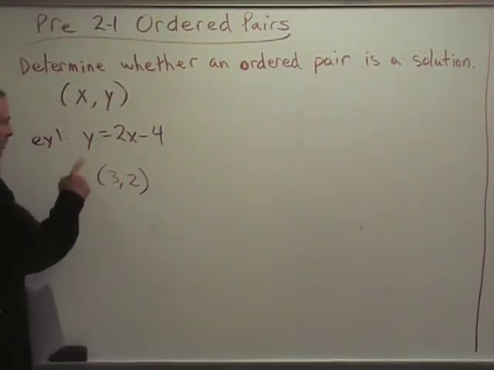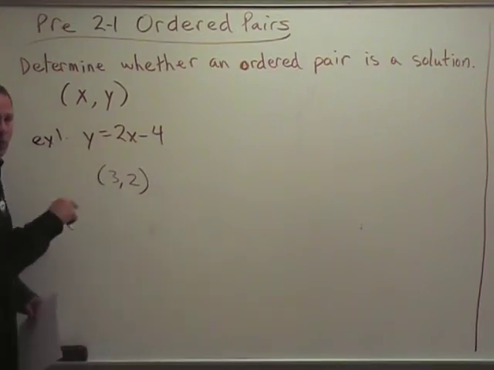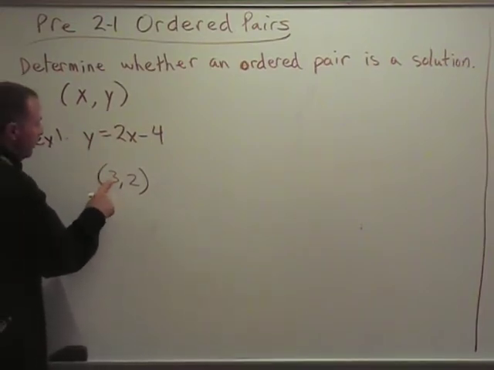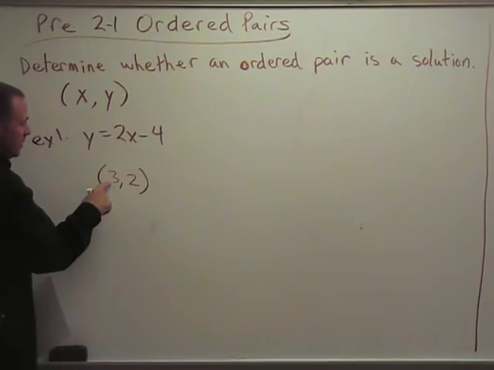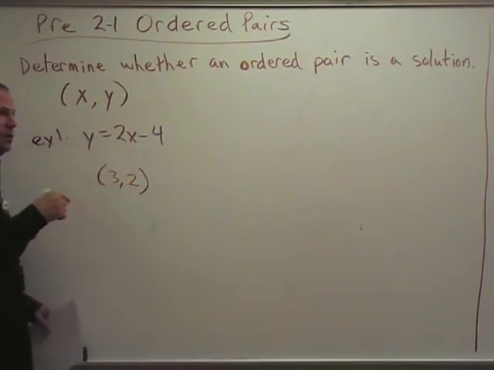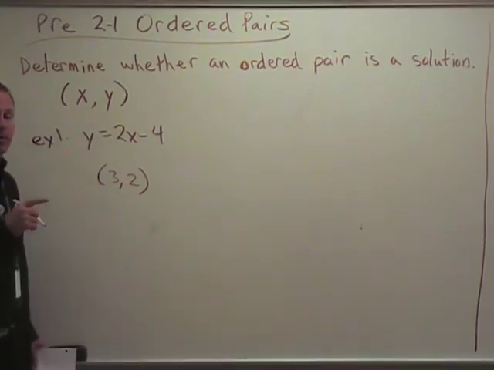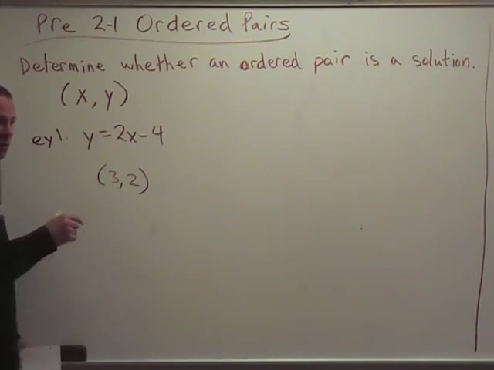This is what you're doing. You're not solving the equation. You're substituting 3 in for X, because that's the X value, and 2 in for Y, and you're telling me whether or not it makes this statement true or false.